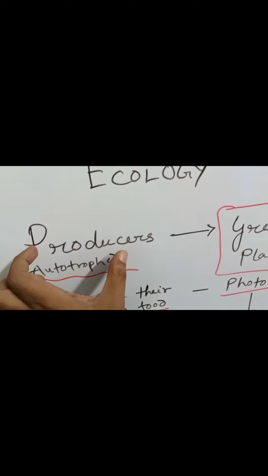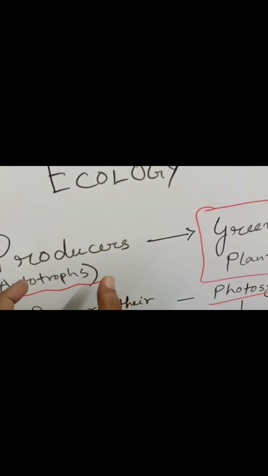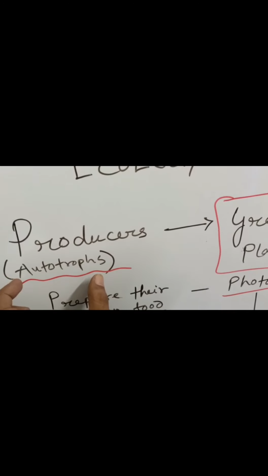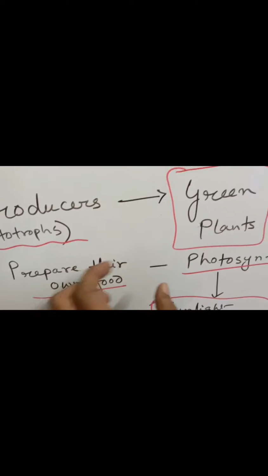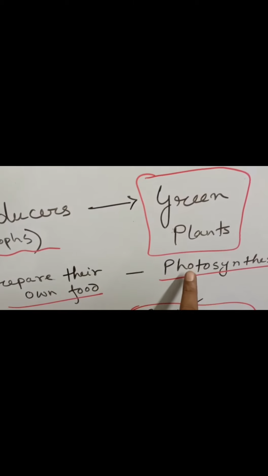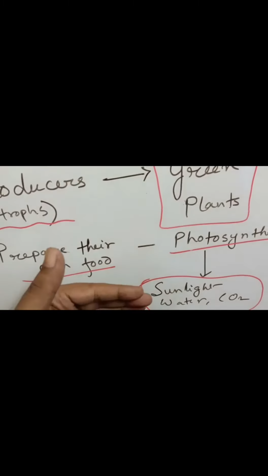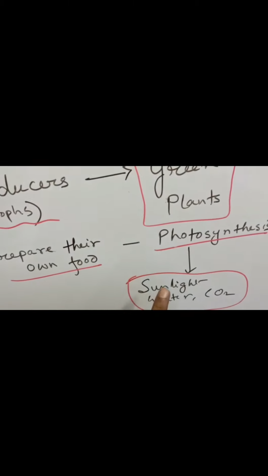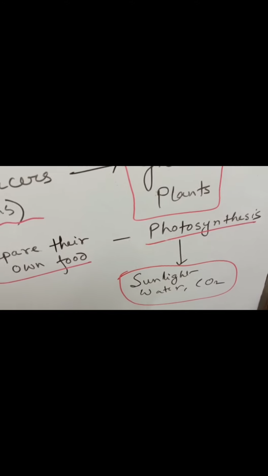The producers are the green plants. They are also called autotrophs because they prepare their own food by a process known as photosynthesis, with the help of sunlight, water, and carbon dioxide.